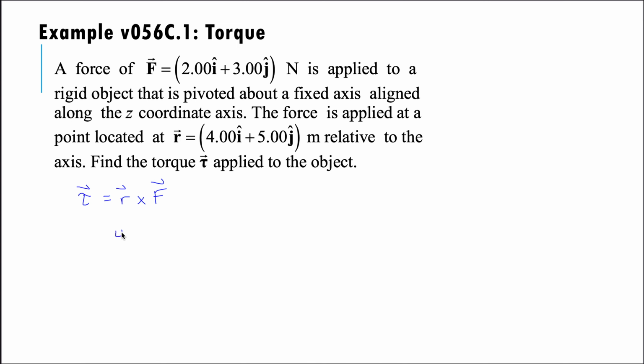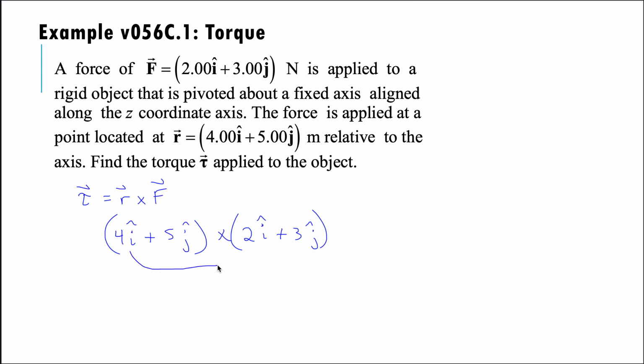We have 4I plus 5J cross 2I plus 3J. To do this cross product, we can distribute each term. Remember that I cross I is 0 and that J cross J is 0.